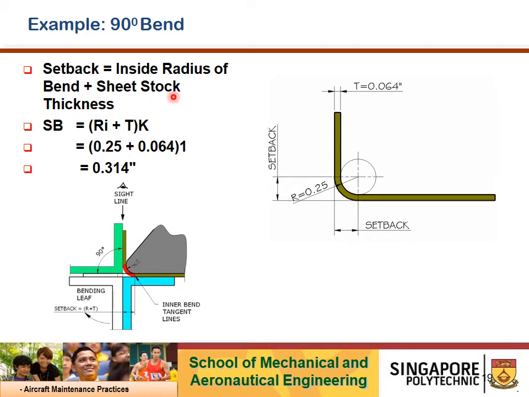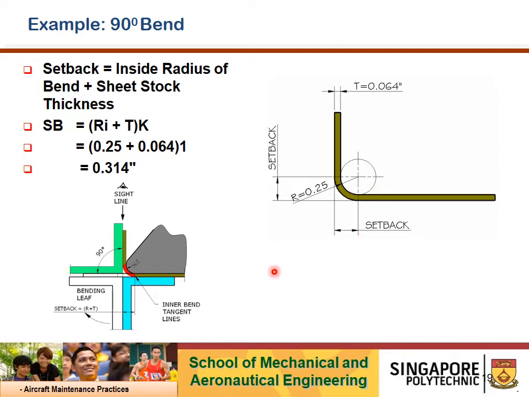Right, this is one of the examples we talk about. Quickly run through it. The material thickness in this case is 0.064 inch. The bend radius which we're going to use is 0.25 inch. Do take note, all these measurements are in imperial units. I want to calculate my setback in this case.